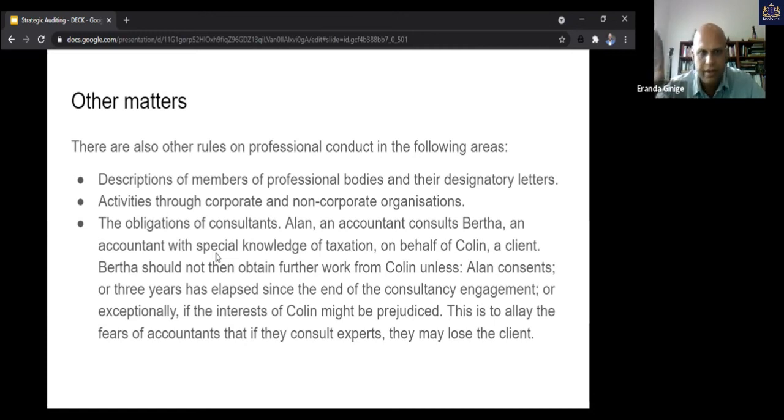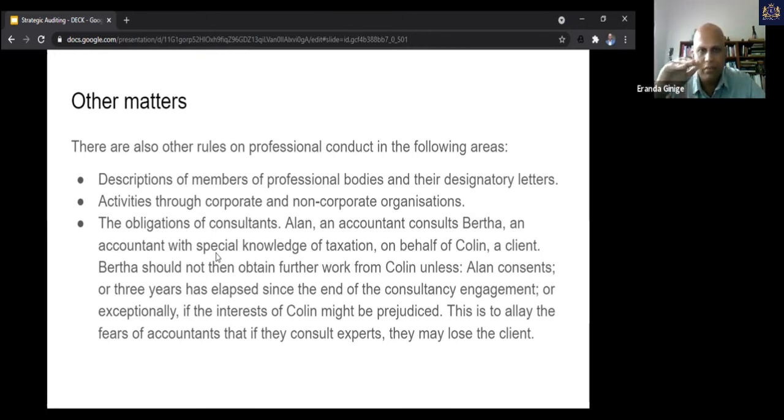Alan gives her consent or 3 years has passed since that initial consultation or the engagement. Then Bertha can obtain work from Colin, right?